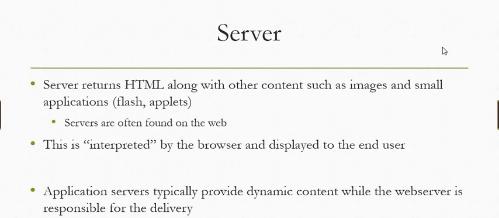Servers return HTML code along with other content such as images and small applications such as Flash videos, applets. Servers are often found on the web. Some people can connect to web servers using FTP, which we will discuss later in this course. Servers are interpreted by the browser and displayed to the end user.